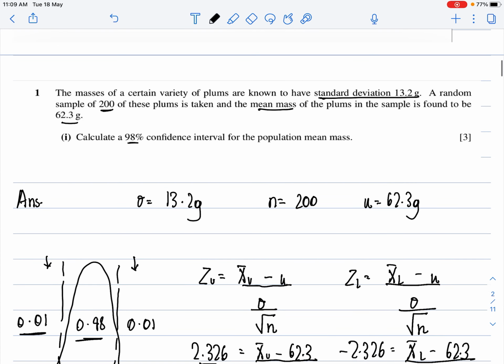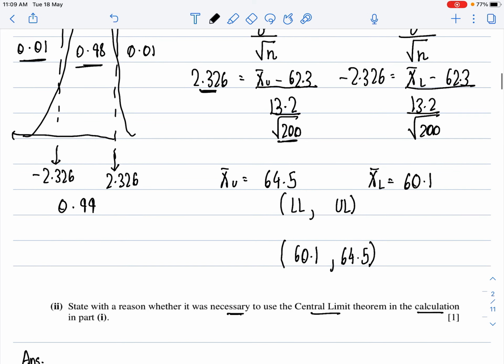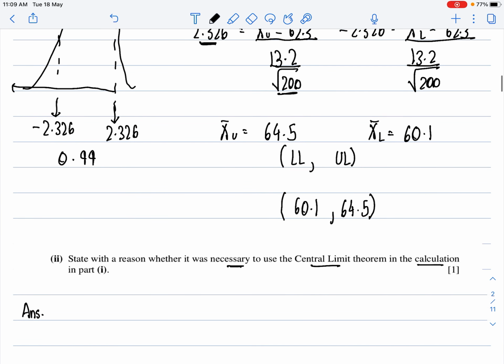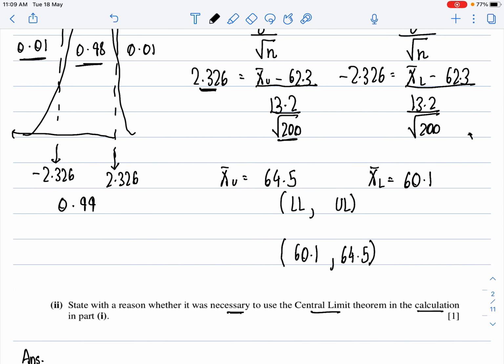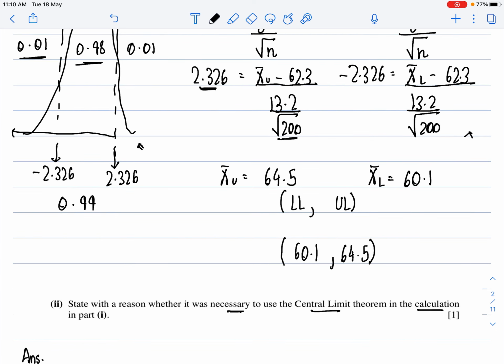If you see here, nowhere has the distribution been specified. Normally in a question they specify it's approximated to normal, but here it's not. Whatever we've done, we've used the normal distribution, so we have used the central limit theorem.